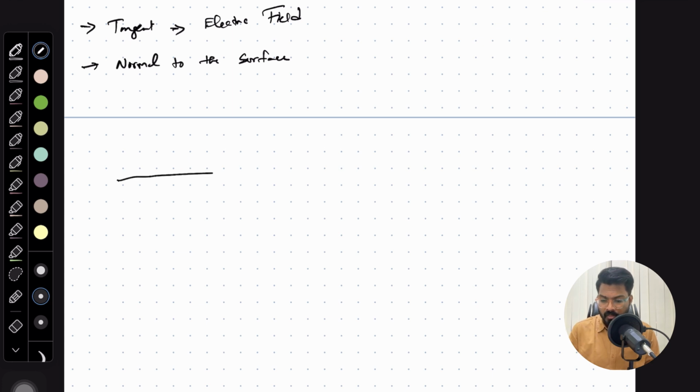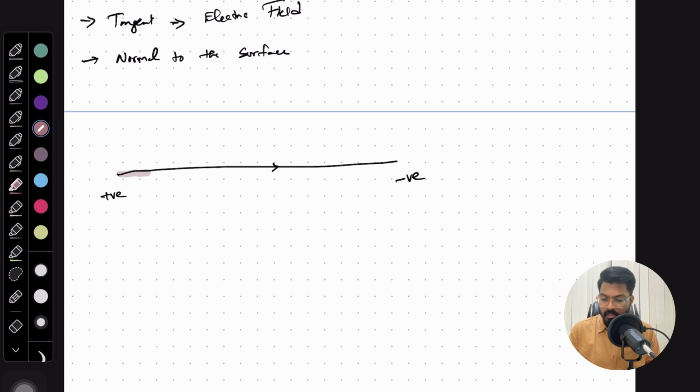Now let's look at this. Imagine this is an electric line of force. Now this flows from positive to negative, right? In the longitudinal direction, that means in this direction, it tends to contract.